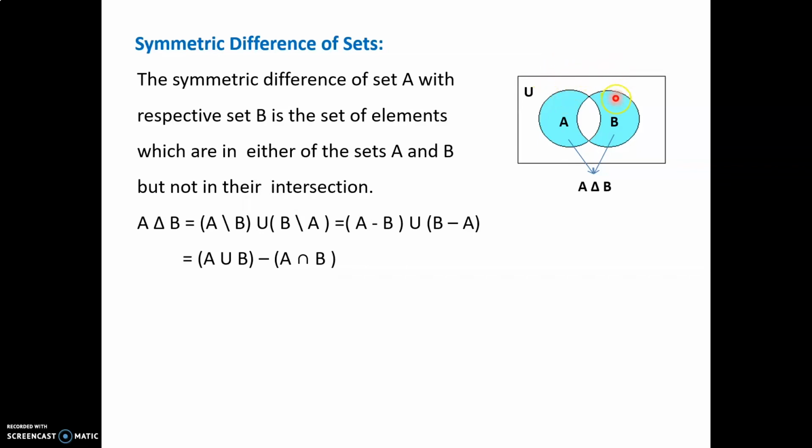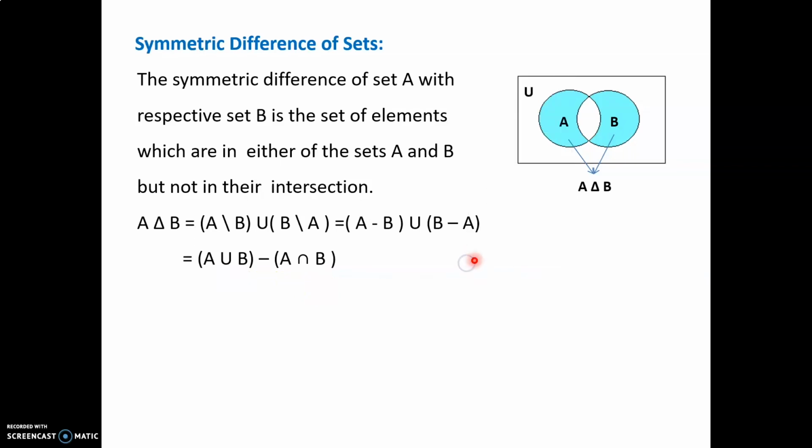A and B are subsets of U. First we find A minus B, that is the difference set of A and B, and then we find B minus A, that is the difference set of B and A. Then we take the union of them and we get the symmetric difference of sets A and B. If we observe that, we get the symmetric difference of A and B is the set of elements A union B minus A intersection B.